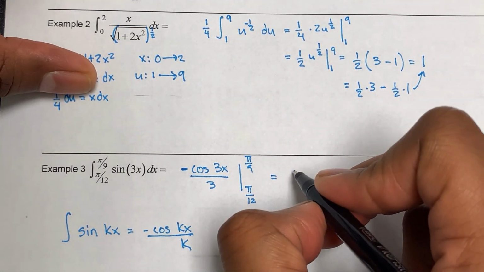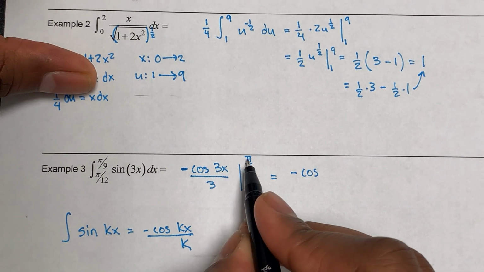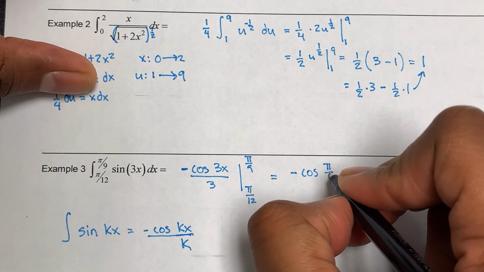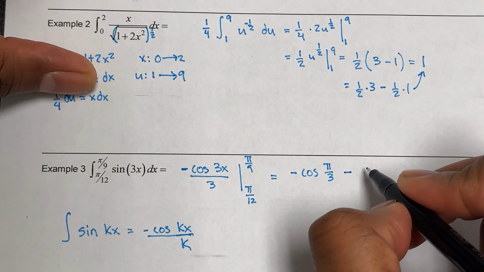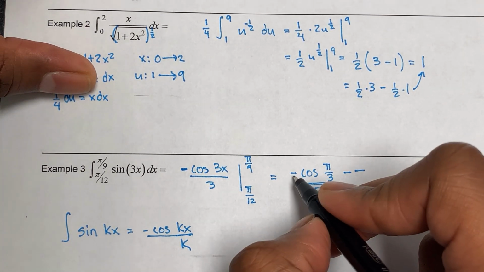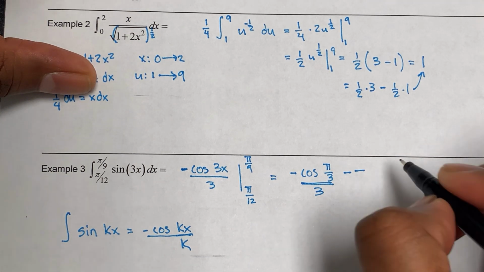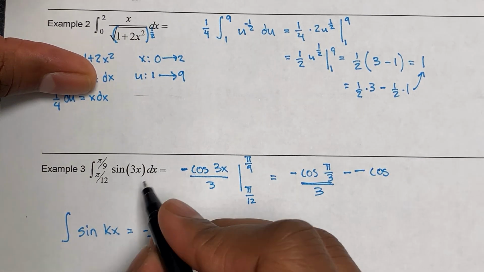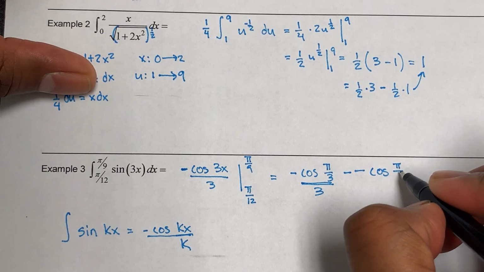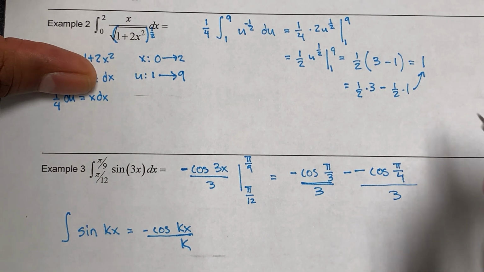So this would equal negative cosine. 3 times pi over 9 is 3 pi over 9, which is pi over 3, divided by 3, minus negative cosine of 3 times pi over 12, which is 3 pi over 12, or pi over 4, and all of this is divided by 3.